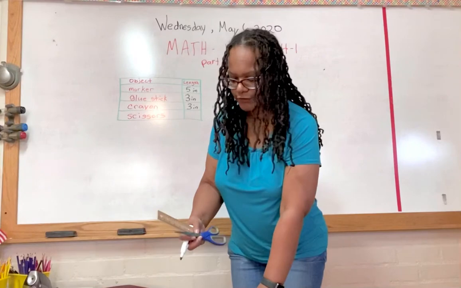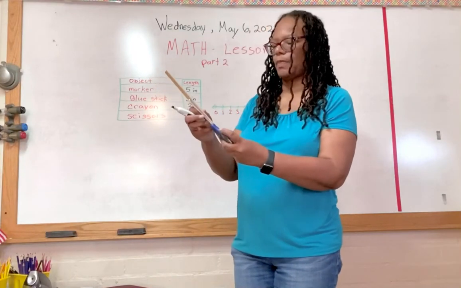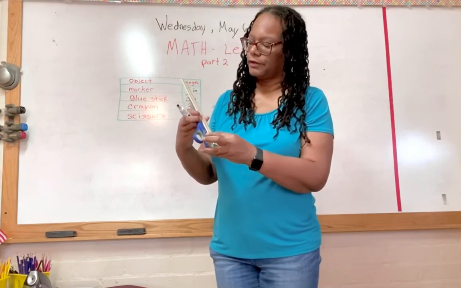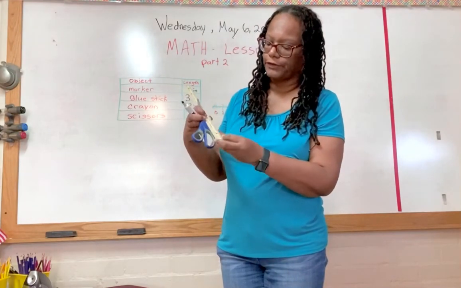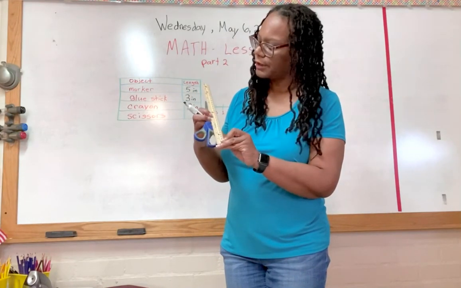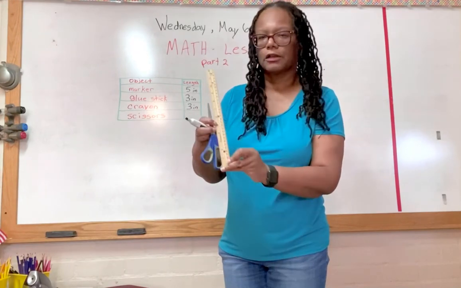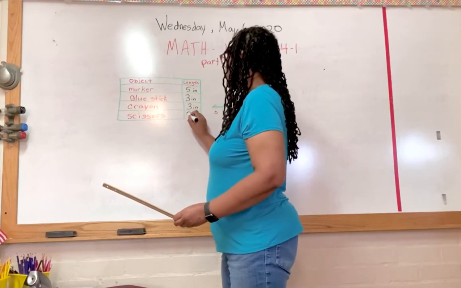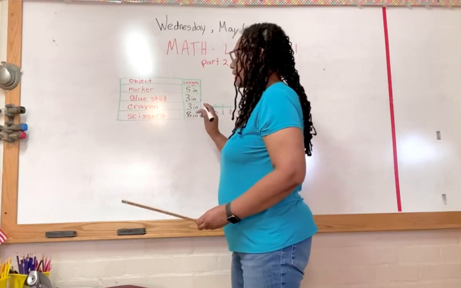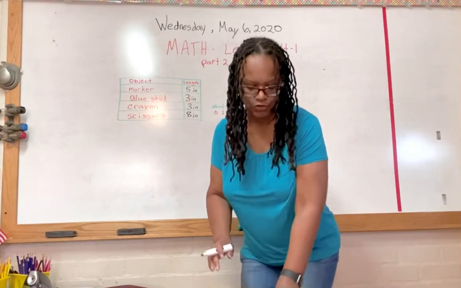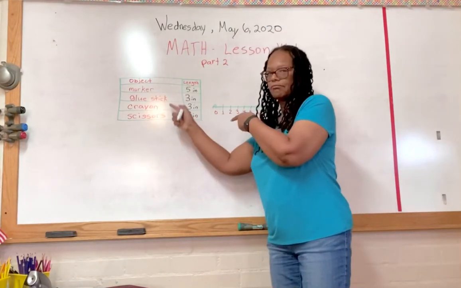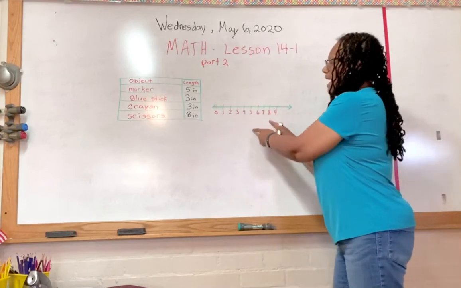Okay, and the scissors, when you go to the bottom of the scissors and measure to the tip, it is close to 8 inches. So I'm going to say 8 inches.